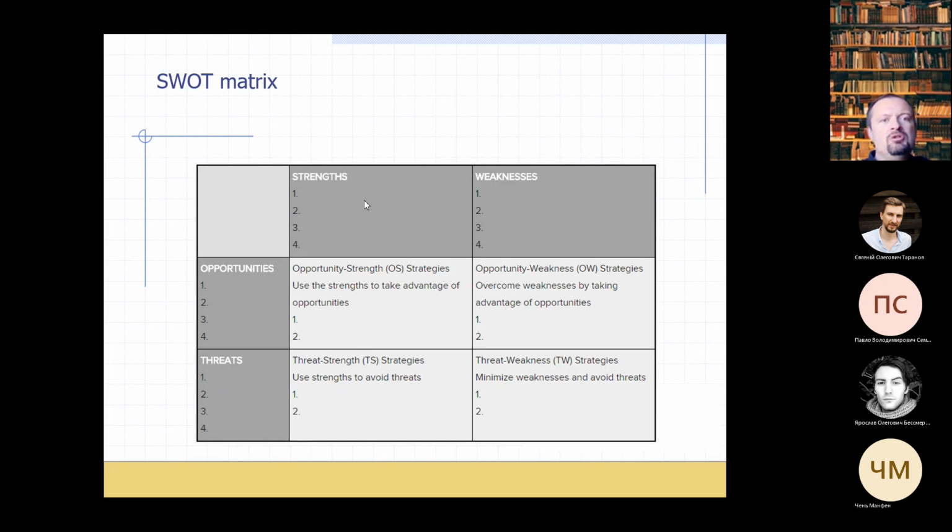How to use the strengths of your company to use opportunities. For example, I told you that we have a good internet site just to inform customers about our services.